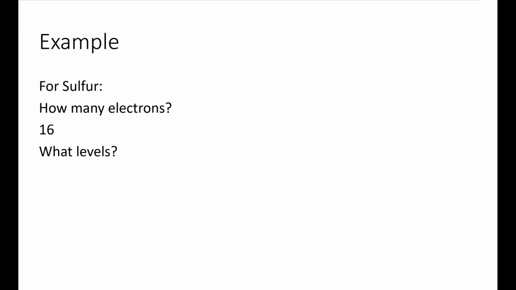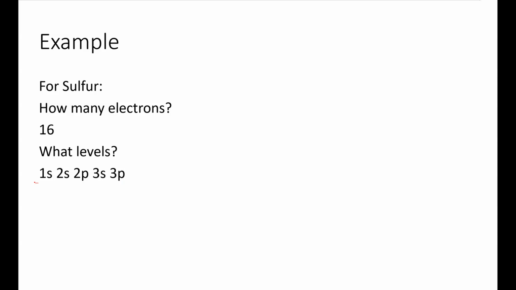If I look at where sulfur is on the periodic table, that'll also tell me which level it is. So remember what we looked at with the S and P blocks. That will help you to determine which blocks are going to be involved in this. If we look, it's in the third period, so the third row down.